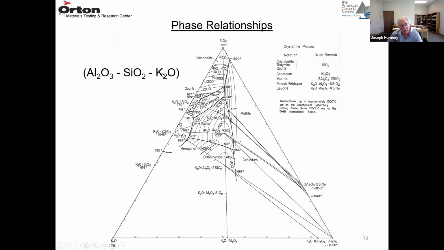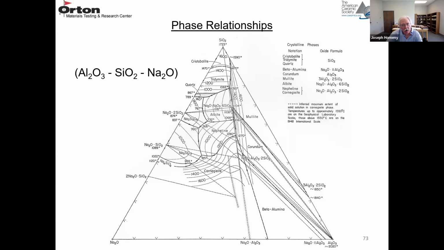But when you start adding potassium, there's various eutectics and peritectics and low melting compounds. So here's some temperatures, 1315, 1150, 1140, 985, 990, and some lower ones in here. So the addition of potassium to aluminosilica really lowers the use temperature.